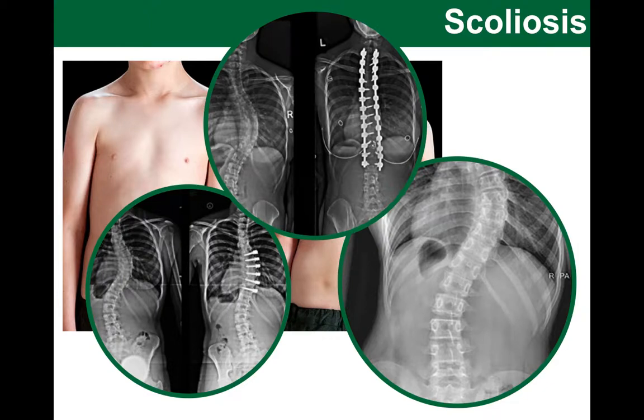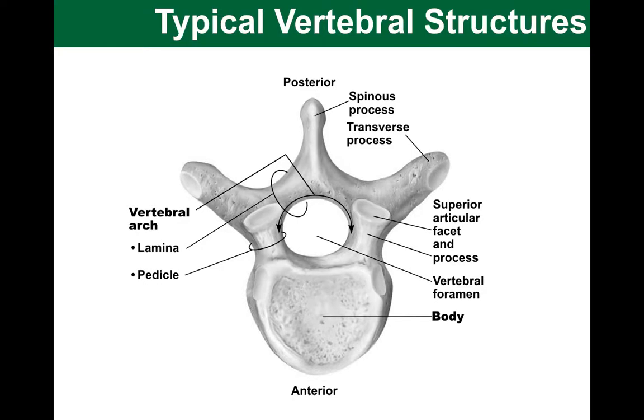Now, I want us to take a moment to look at a few parts of the vertebra. Think of this as a generalized structure, the proportions of which we will apply as we look at the vertebrae from different regions. But first, it's good for us to get a basic terminology right.